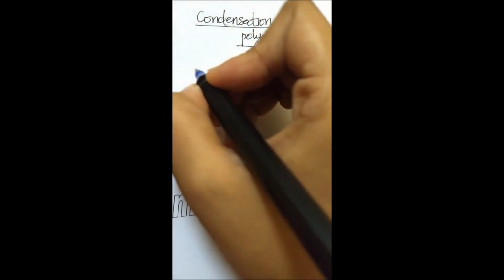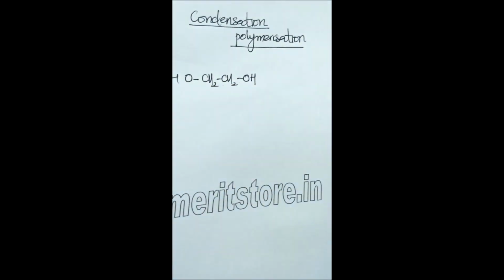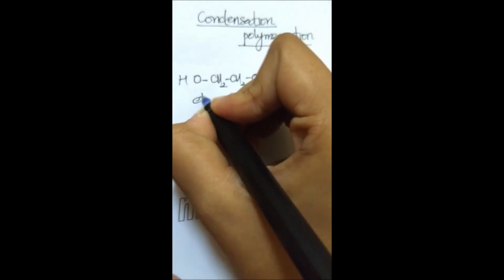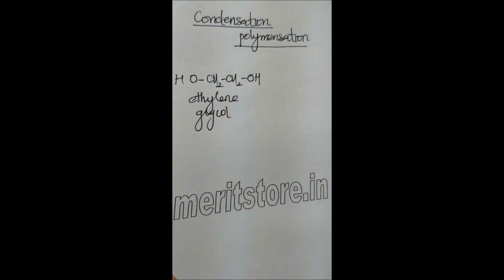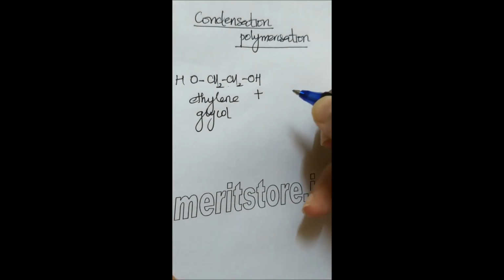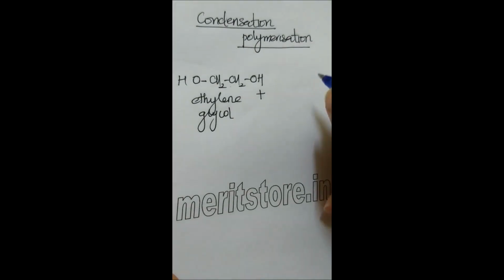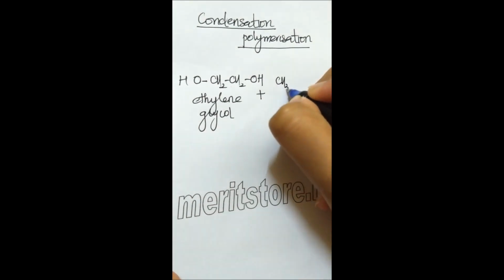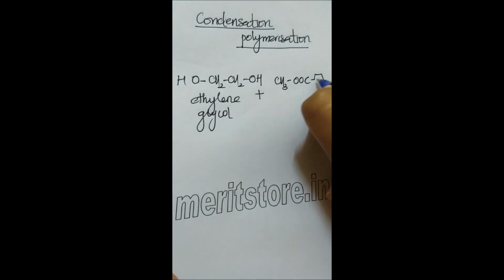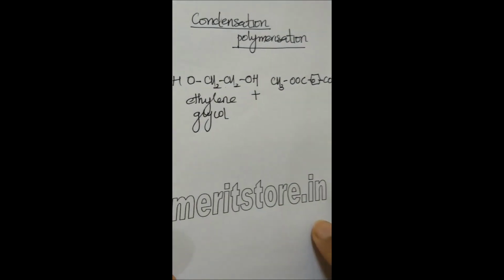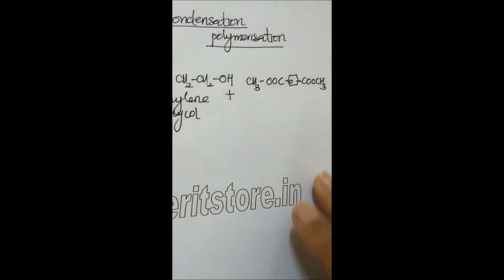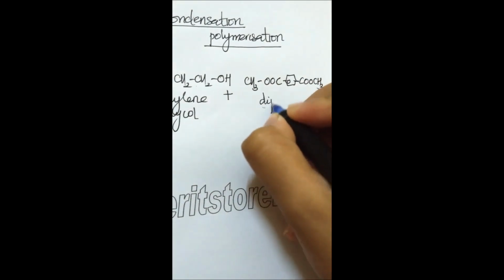Let us look at an example. I have ethylene glycol, which I can write as OH CH2 CH2 OH, and I react this with dimethyl terephthalate, that is CH3OOC, a phenyl ring, COOCH3.